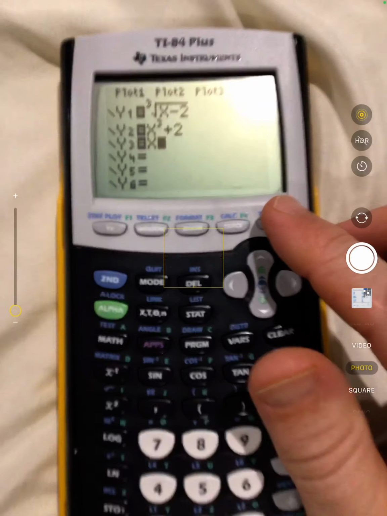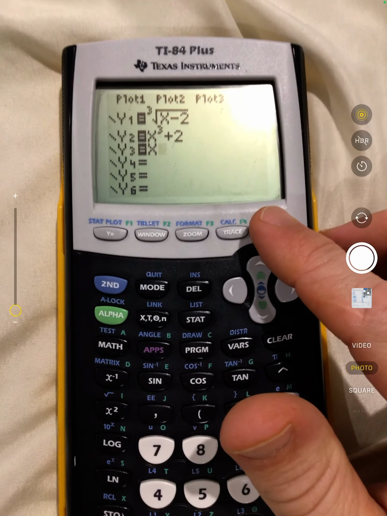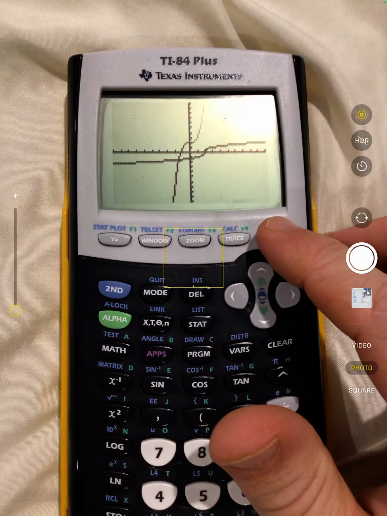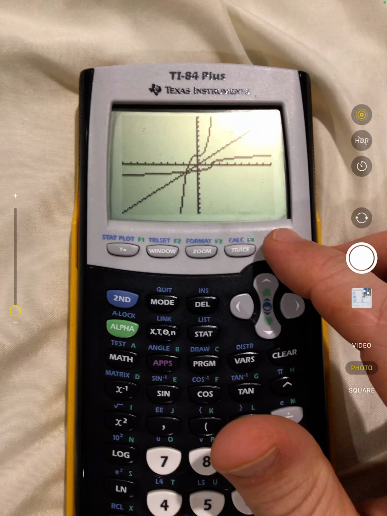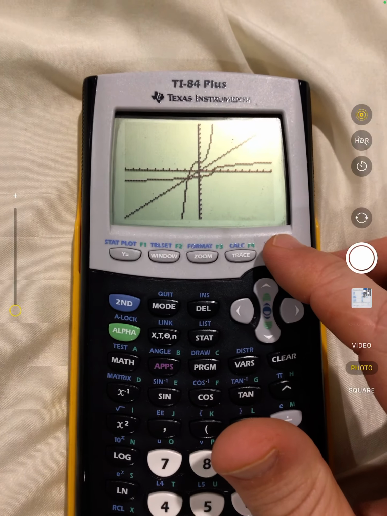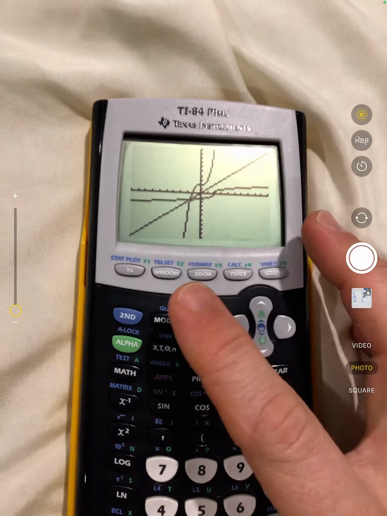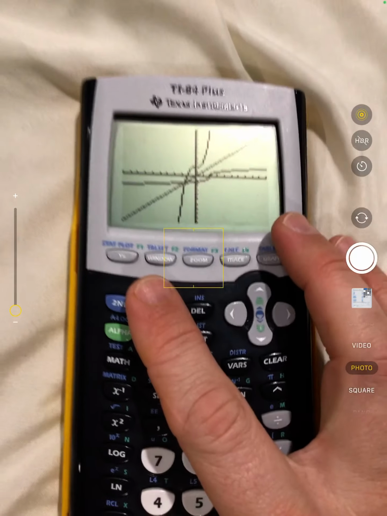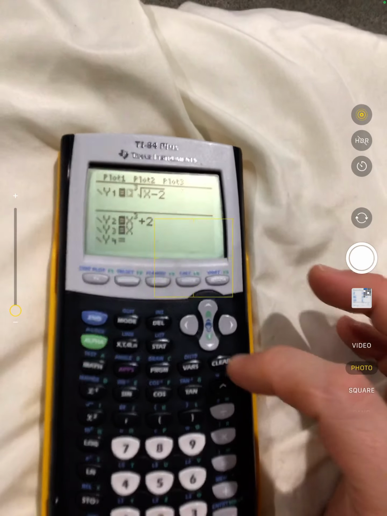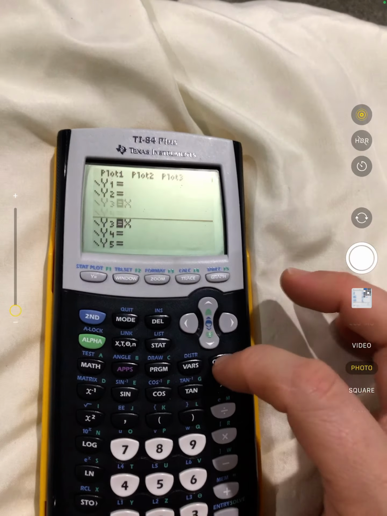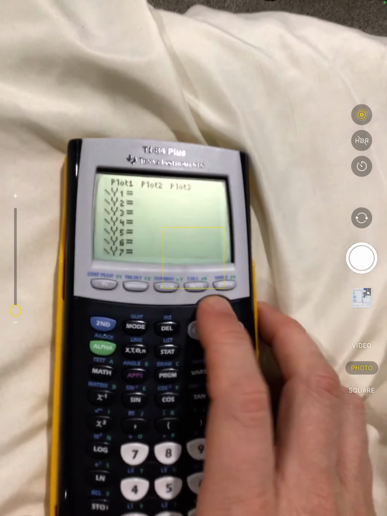Well, remember, y equals x should cut those two graphs right in half. So there's my inverse, and sure enough, do you see how they would be symmetrical over that line? They absolutely would be. So there you go. Sure enough, we solved for our inverse function correctly. So voila, that one's done.